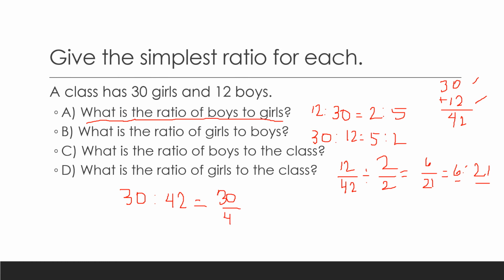Okay, guys, kailangan memorize no yung fraction lagi. Then, dividing both by 2, we have 15 over 21. So, the ratio of girls to the class is 15 is to 21.